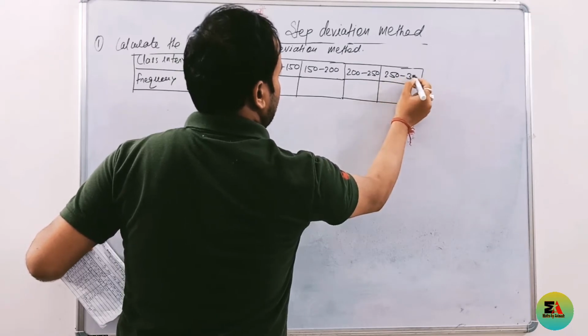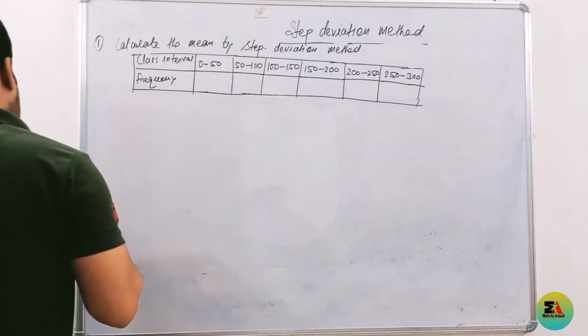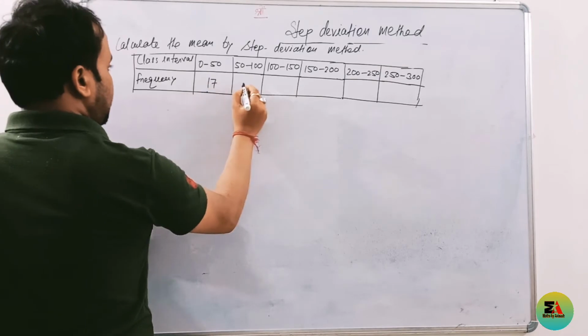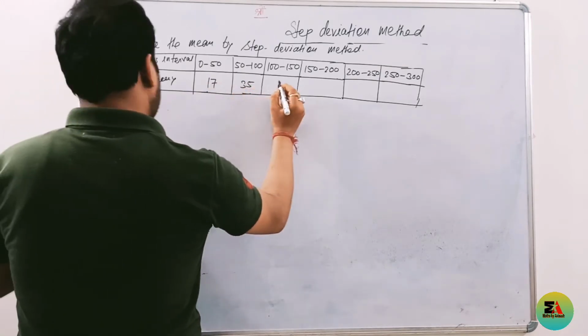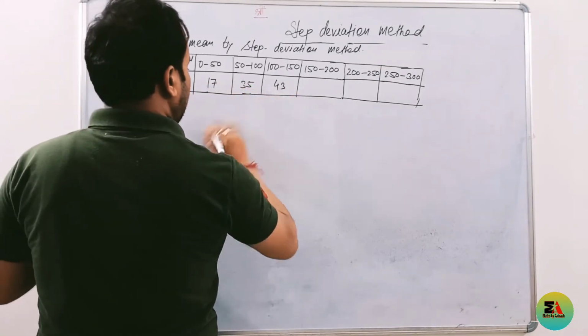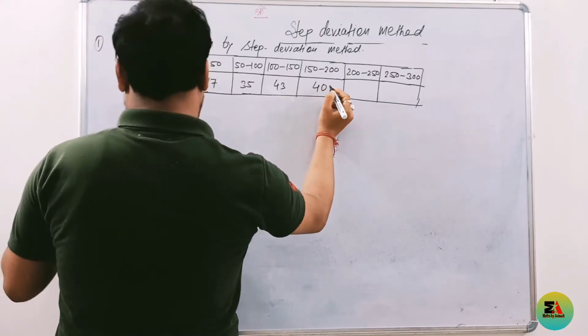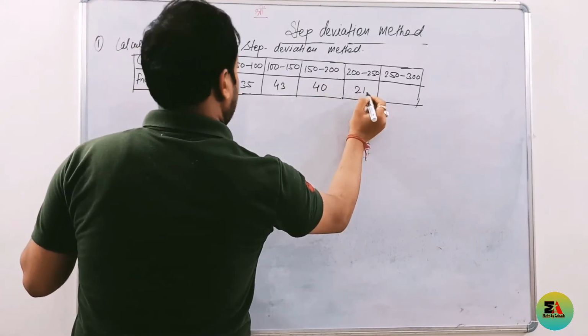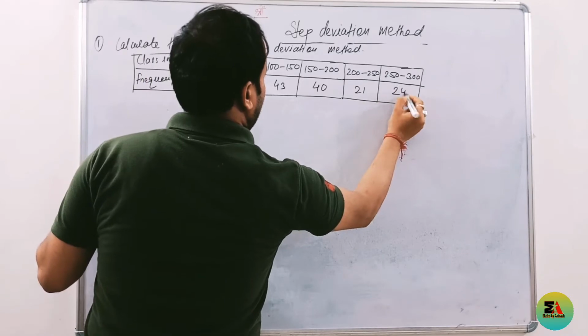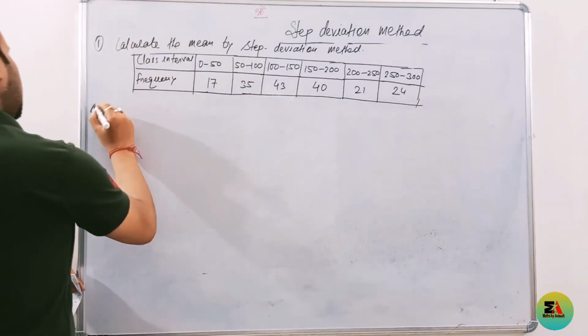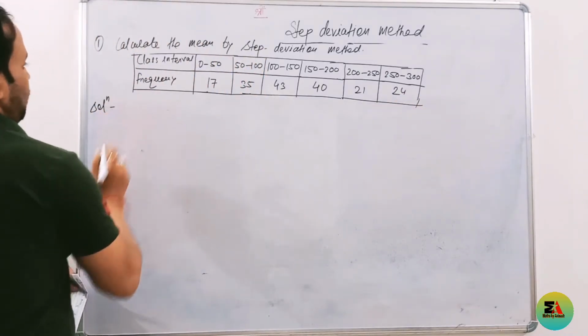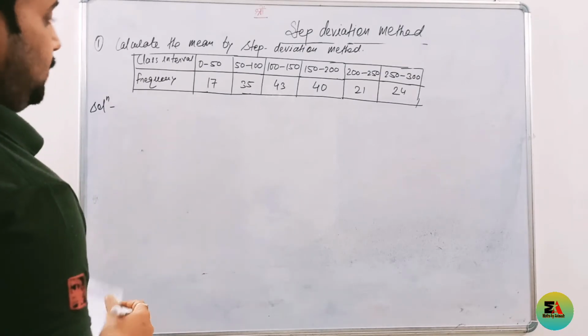Their frequencies are given: 17, 35, 43, 40, 21 and 24. See how we solve this problem by using the various steps.